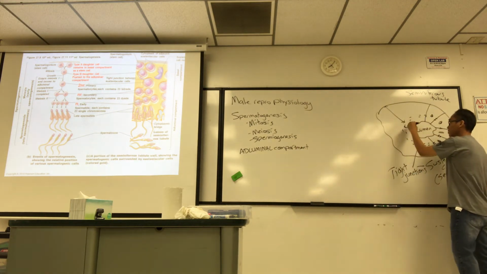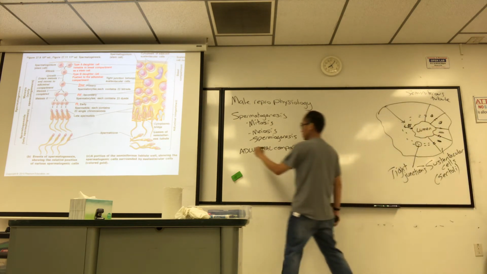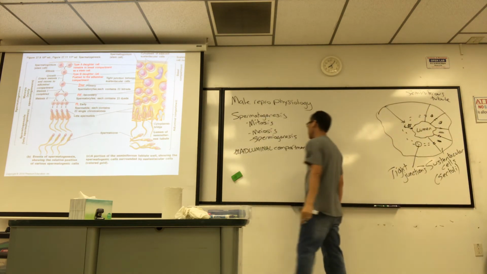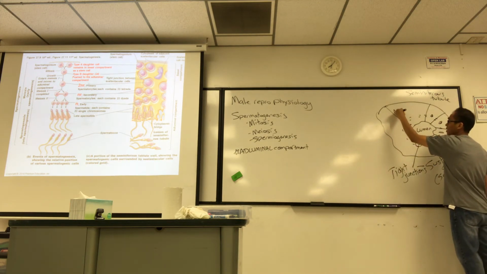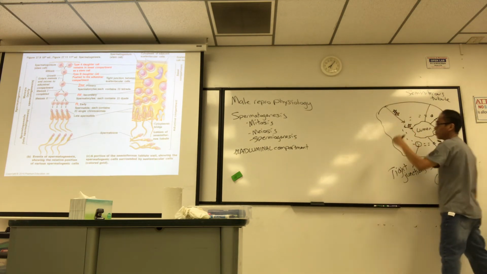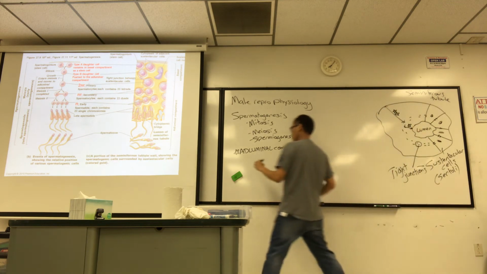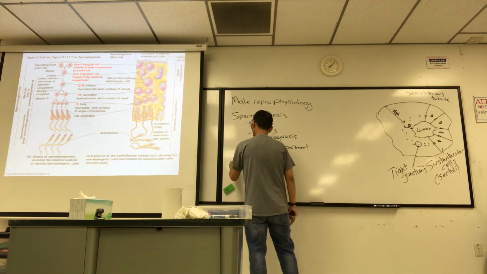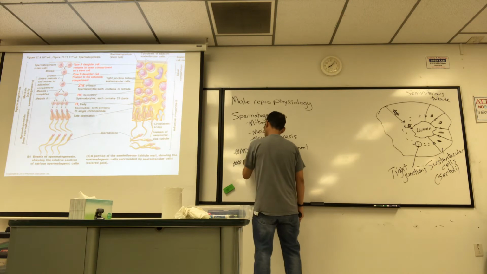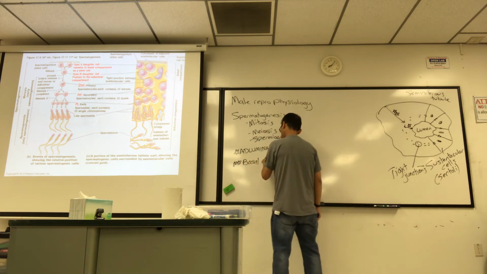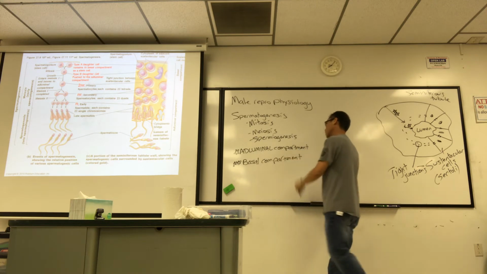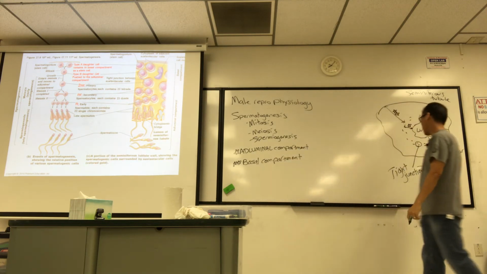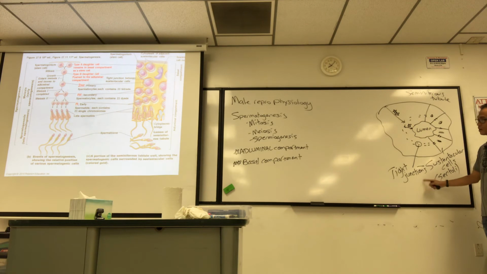Put a little star next to it. This part here, the outer part, is called the basal compartment. So the tight junctions create those two compartments, is what you need to understand.